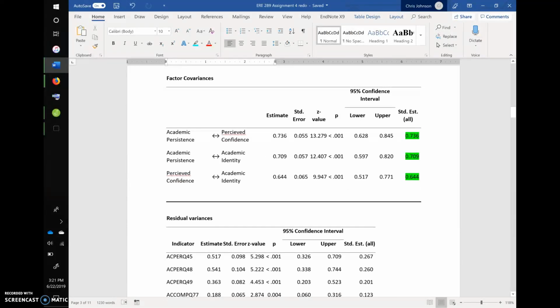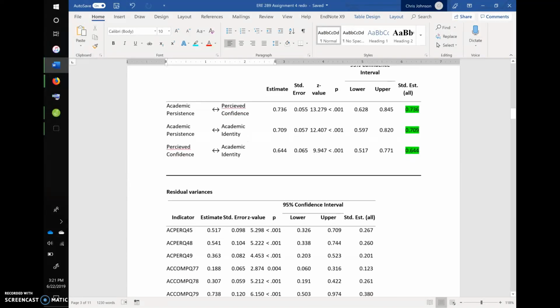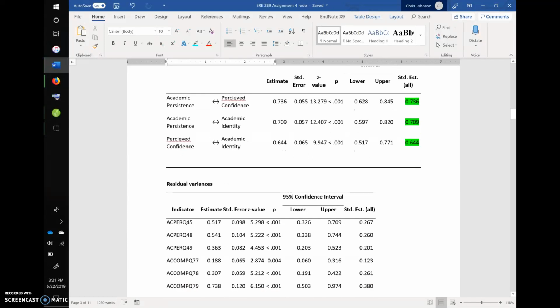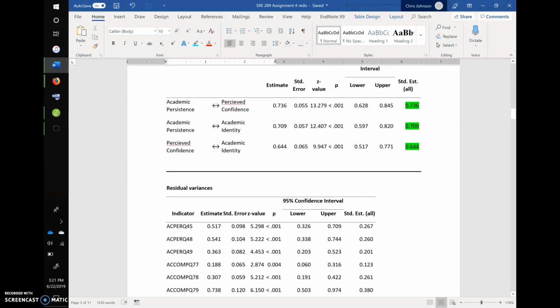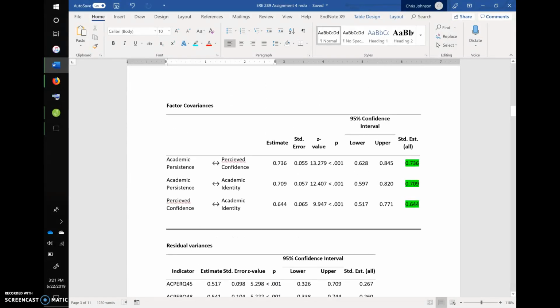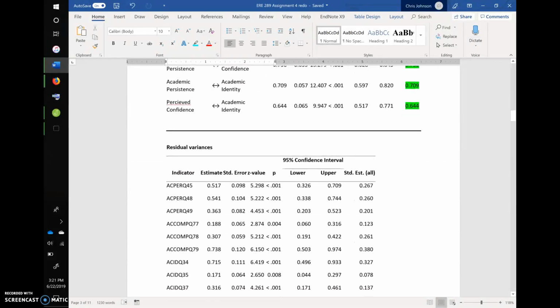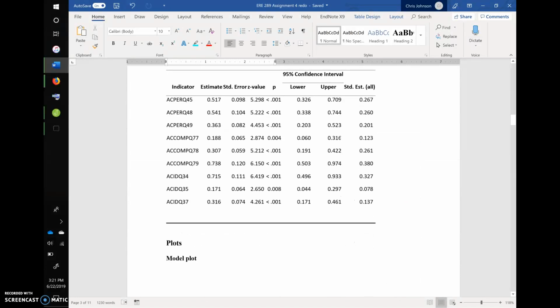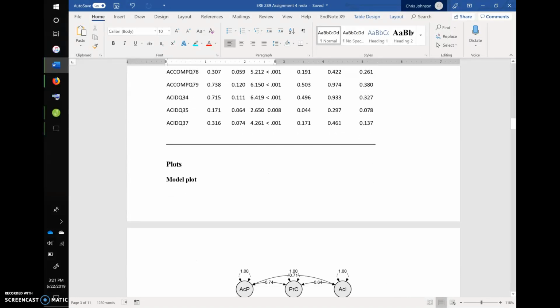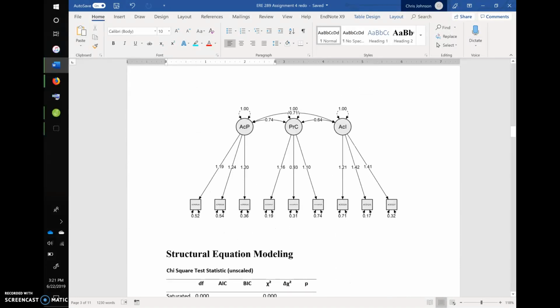And here we find our factor loadings, also all above 0.40. I was a little confused if it was these or up here, but both resemble each other. And that gets us down to our plot model, as we can see.